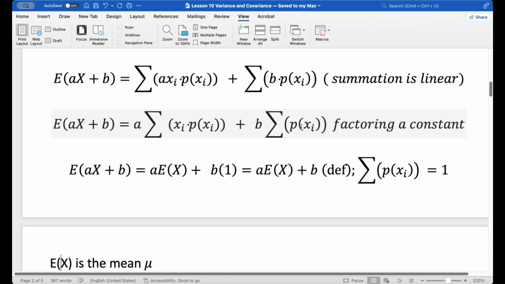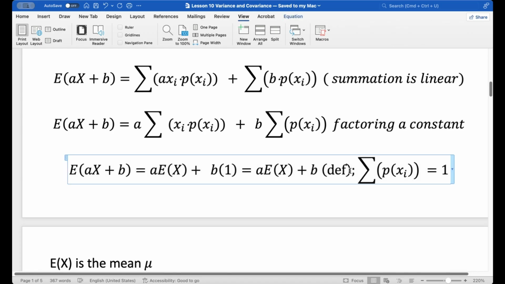The sum of all the probabilities is equal to one whole, 100%. And so we're left with a times the expected value of x plus b, which is what we wanted to show.